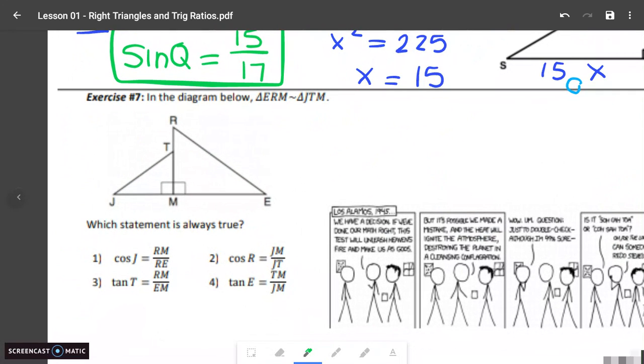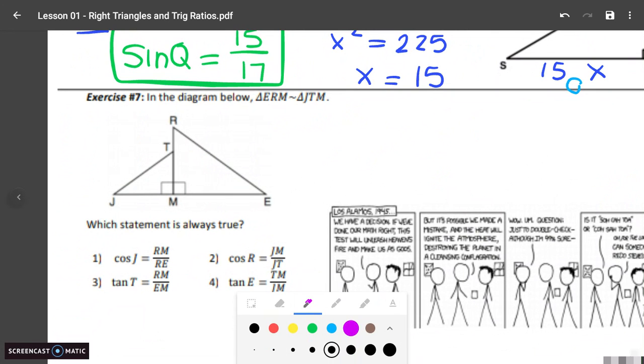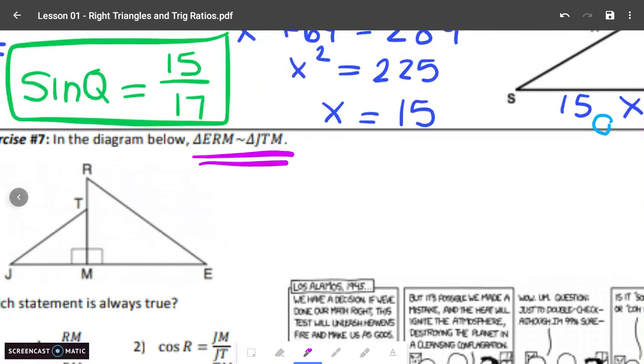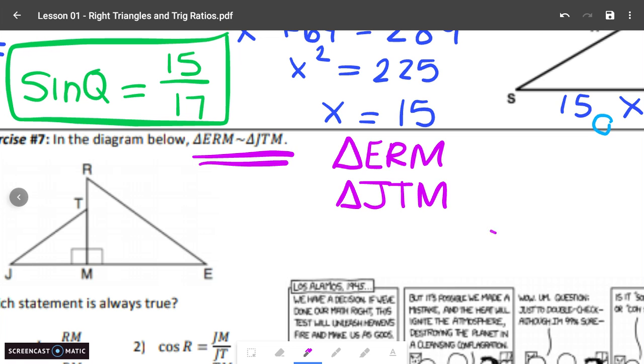You'll notice that it's overlapping two ideas for us. So we're talking about trig because we can see cosine and tangent in the answers, but it's also talking about similar triangles. So remind ourselves for a second, triangle ERM is similar to triangle JTM. Remember, they're always in a specific order.